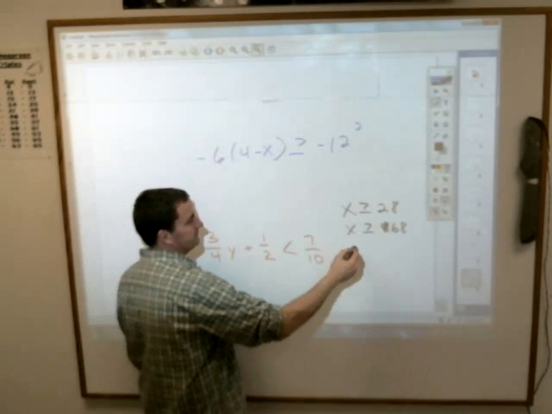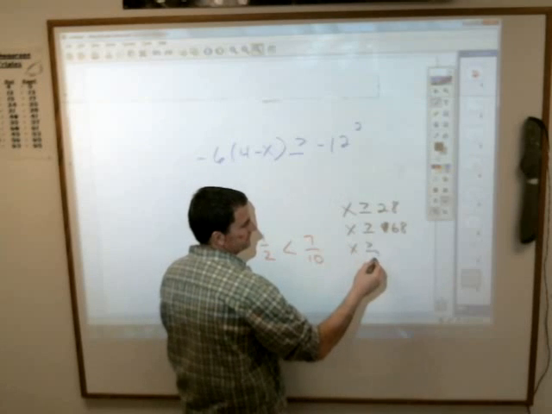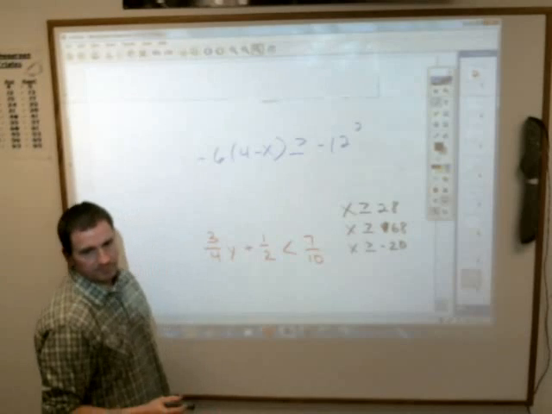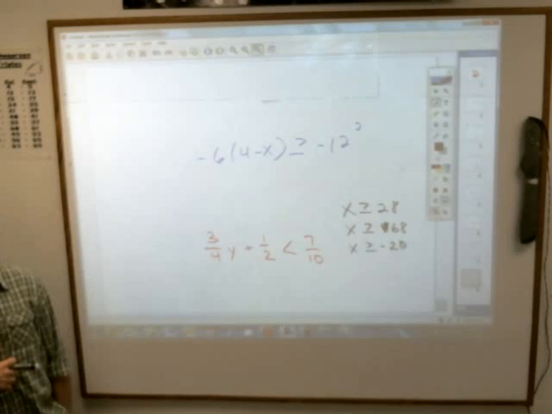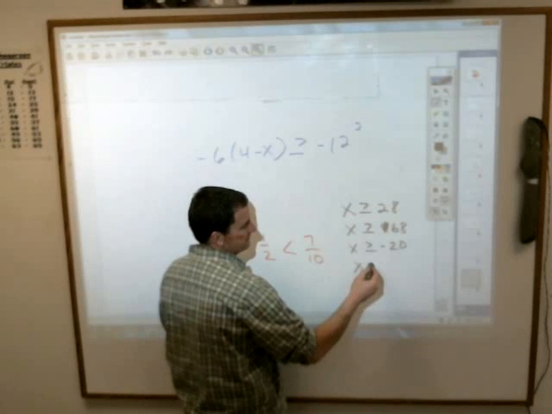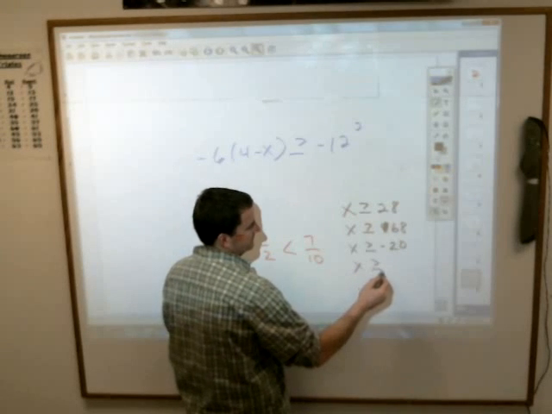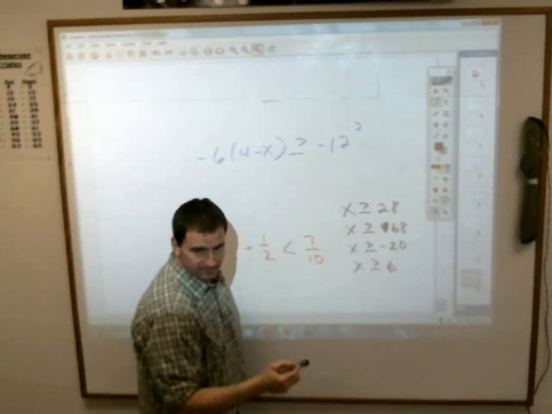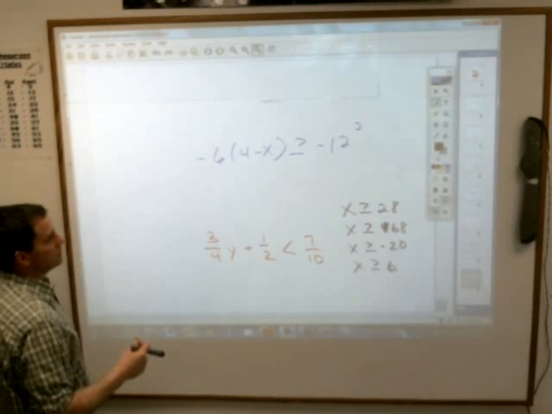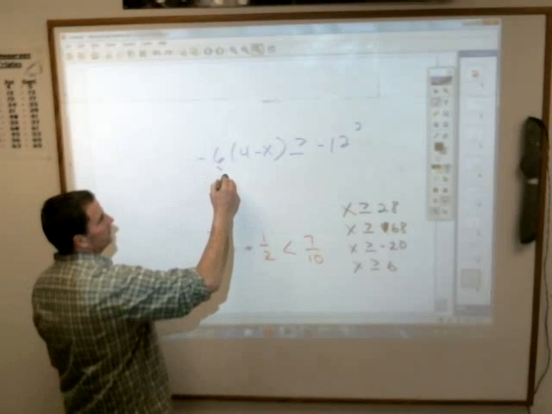Steph, x is greater than or equal to negative 20? Yeah. Anybody else on that one? Wow. Lots of unity today. Alexandria, x is greater than or equal to 6. Boy, the excitement is killing me. I hope it lasts. Here we go.